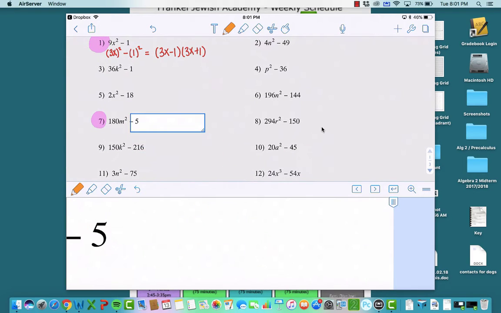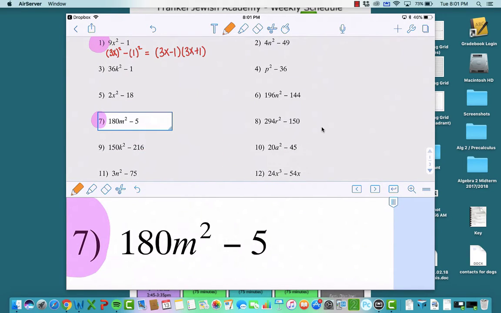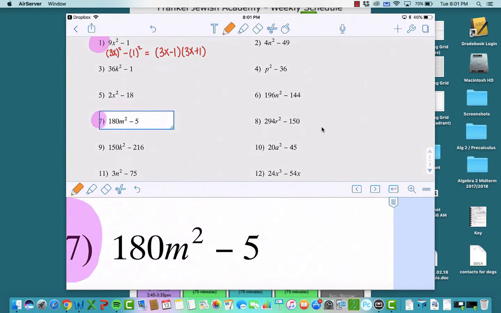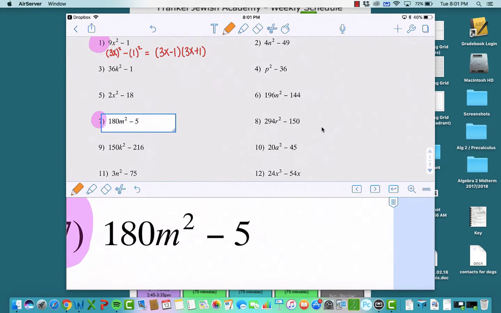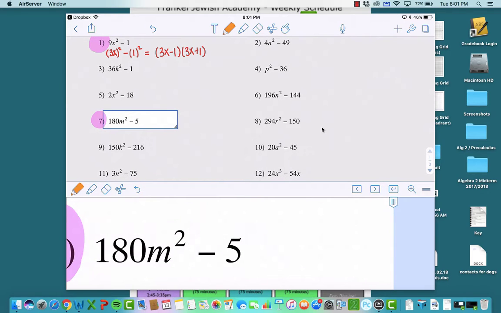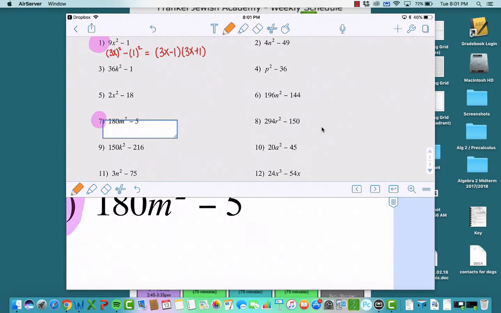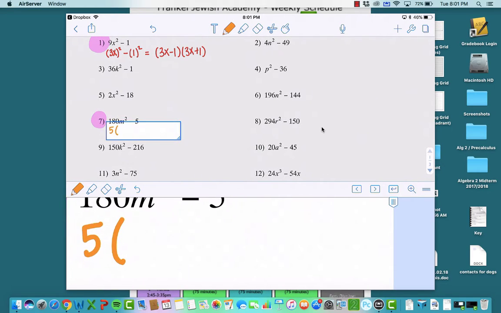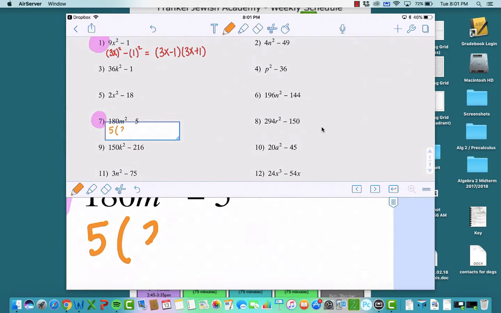So let's look at 7. Now, I'm looking at 7, I'm like, I don't really recognize those as perfect squares. Well, that's because we have to do the first step. The first step every single time we factor is factoring out a greatest common factor, which in this case is 5. So I'm going to factor out a 5, and I'm left with 36m squared minus 1.